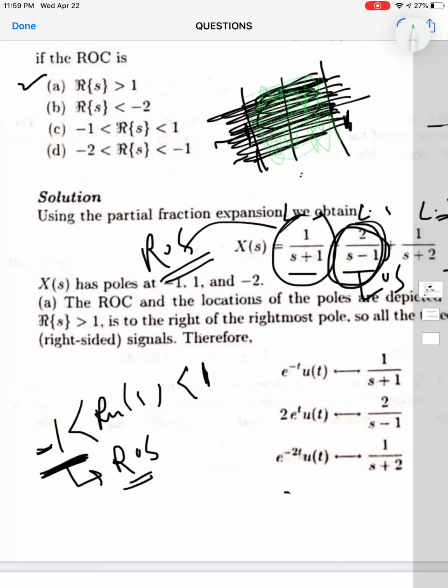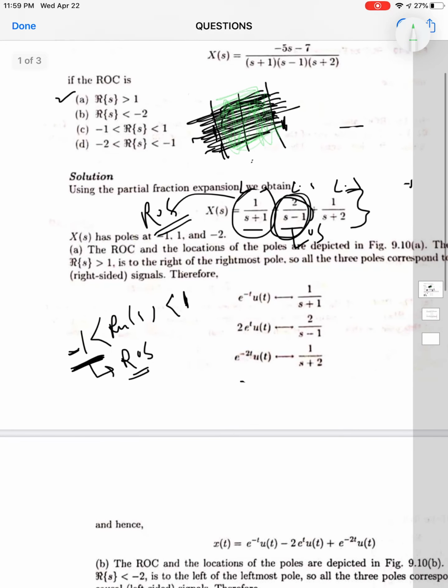Now there is one term remaining. Which term is remaining? This term is remaining. The pole corresponding to this term will come here, at minus 2, right? If you consider it as a left sided sequence, the ROC will be this, so this is not overlapping with anyone.